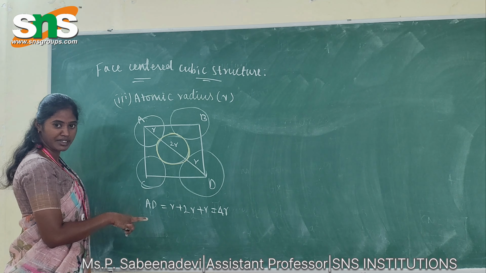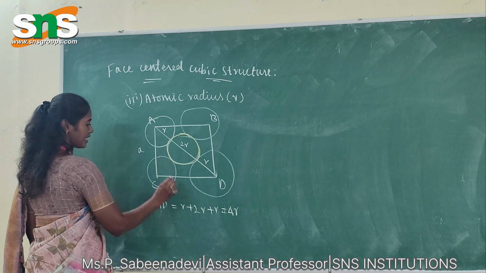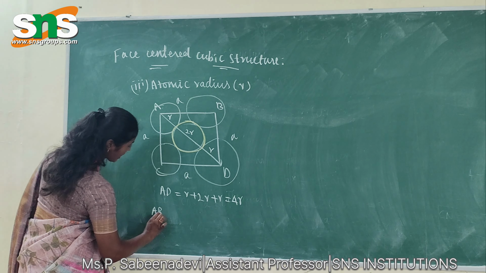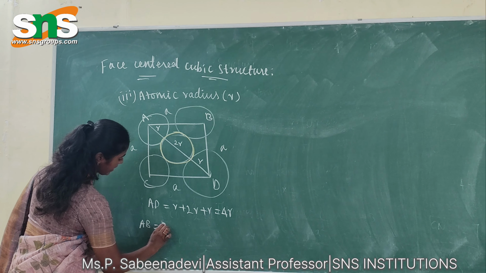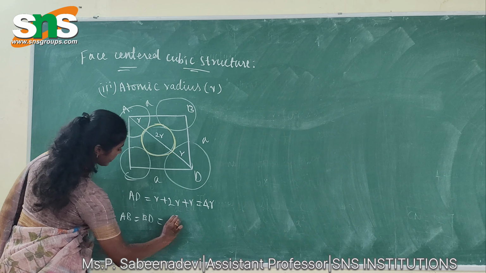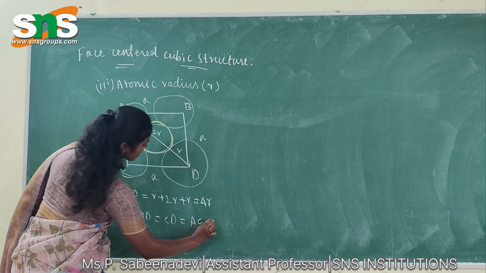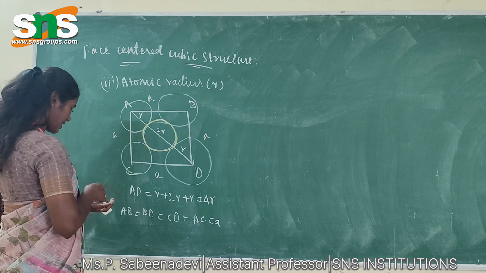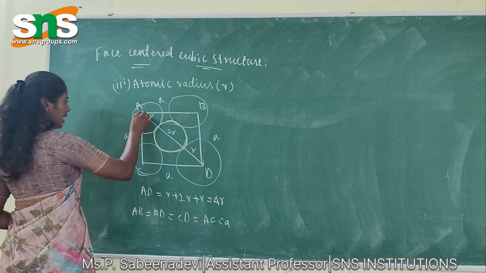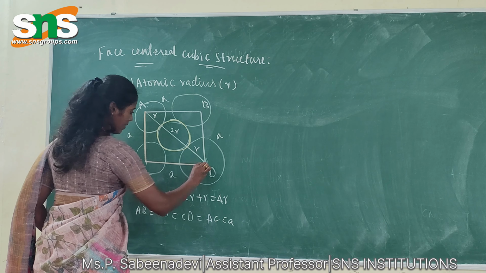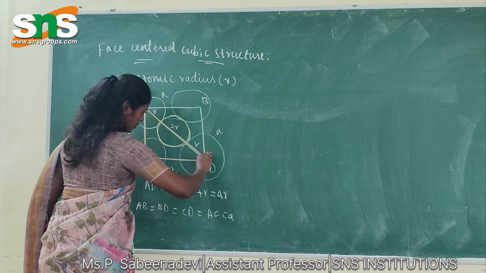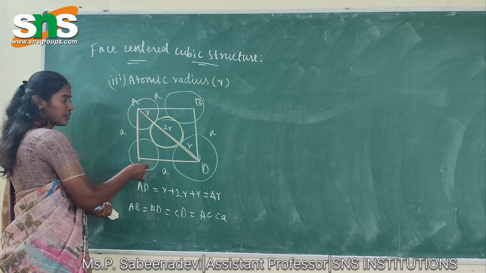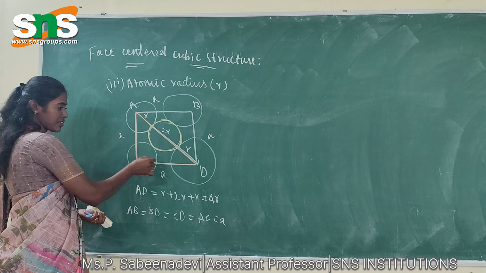This is a cubic structure because all sides are equal, so AB is equal to BD is equal to CD is equal to AC is equal to a. All the sides are equal. Now let us consider the triangle A, C, D and apply the Pythagoras theorem to this triangle.